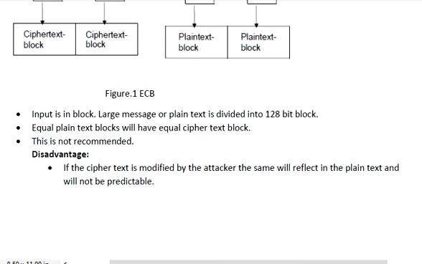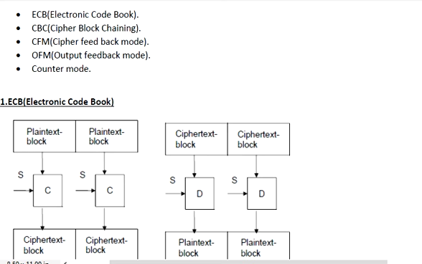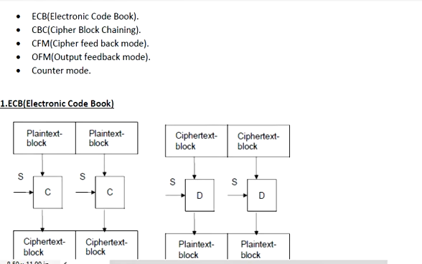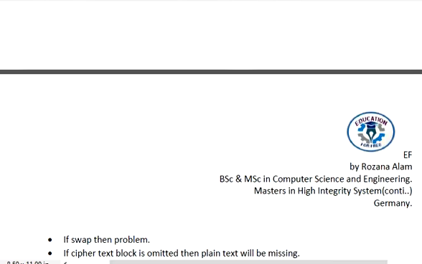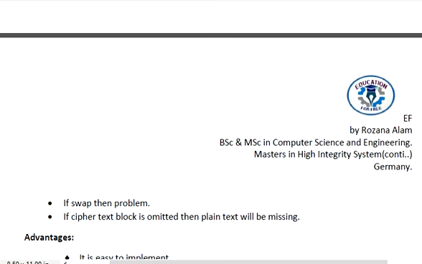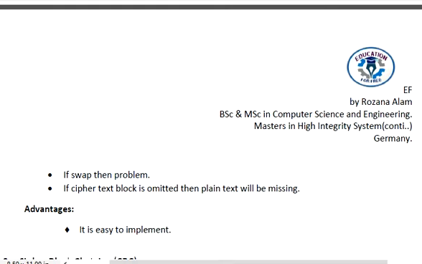If we swap the cipher text block from block 1 to block 2, then the same swap will appear in the plain text. And if a cipher text block is omitted, then the plain text will be missing. It is easy to implement, that is the advantage.